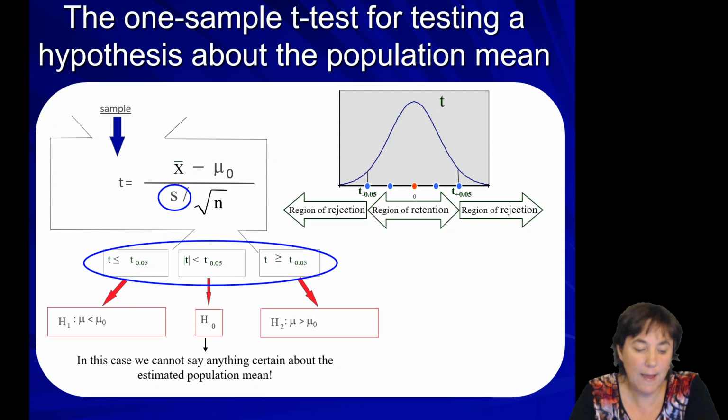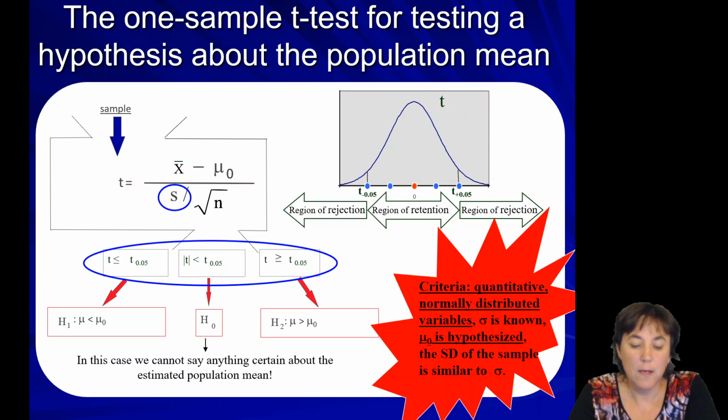However, first let's stay with the criteria. Again, quantitative, normally distributed variables, but we don't have to know the sigma, and the standard deviation of the sample doesn't have to resemble this sigma.